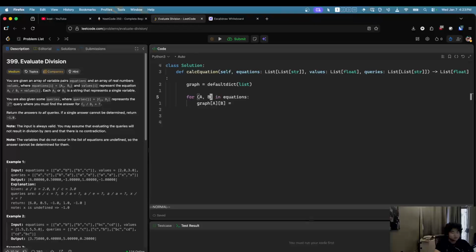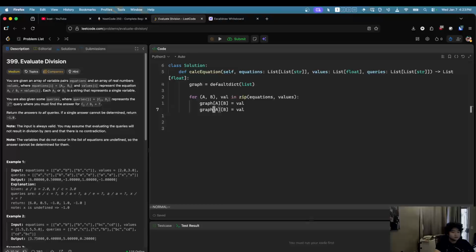Do this, and then we'll do zip. Well, let's do the opposite. Divisor, and then val zip with the values equals val, and then we'll do the inverse as well. So we have like the opposite direction from B to A. Yeah, B to A.